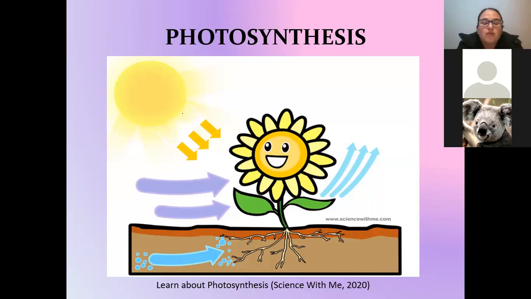So do you recall from grade 7 what you require for the process of photosynthesis? I think sunlight is one. Sunlight, correct. You can look at the picture to help guide you. Water.